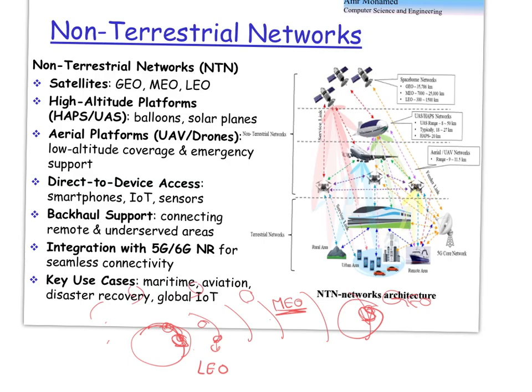If you have, for example, a World Cup event with a high density of people watching a game, all of a sudden you need to provision more resources into the network. You have high demands in a certain area.